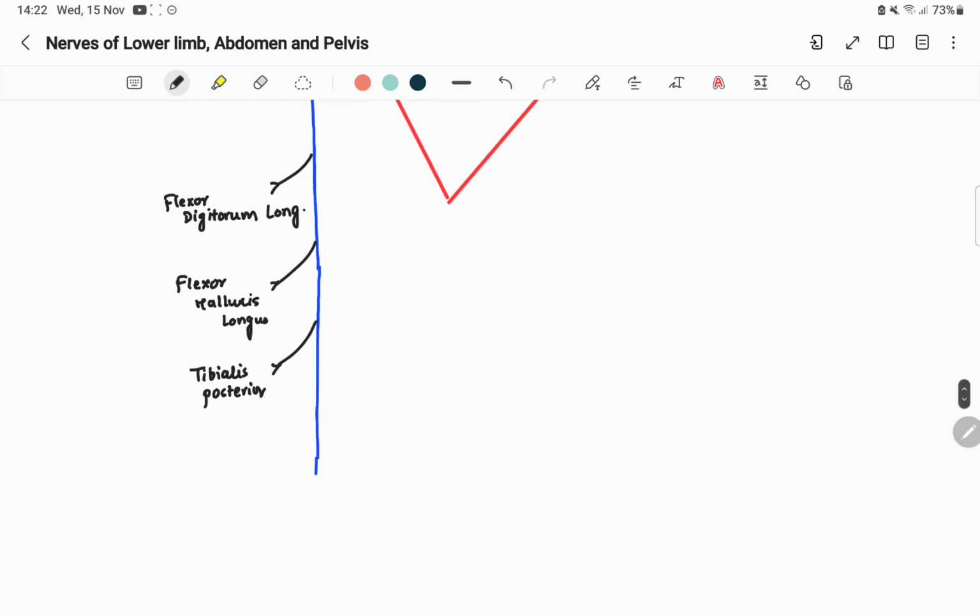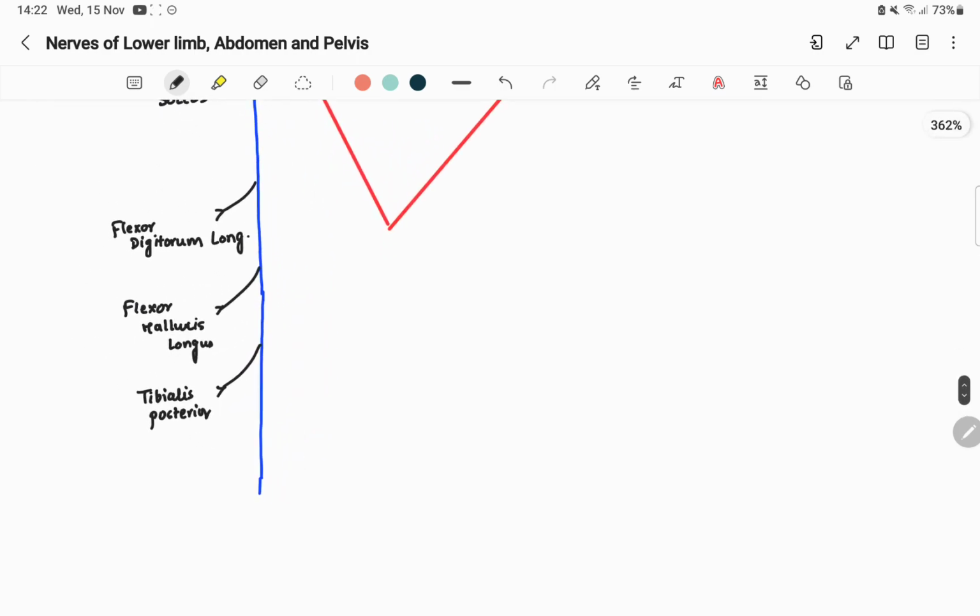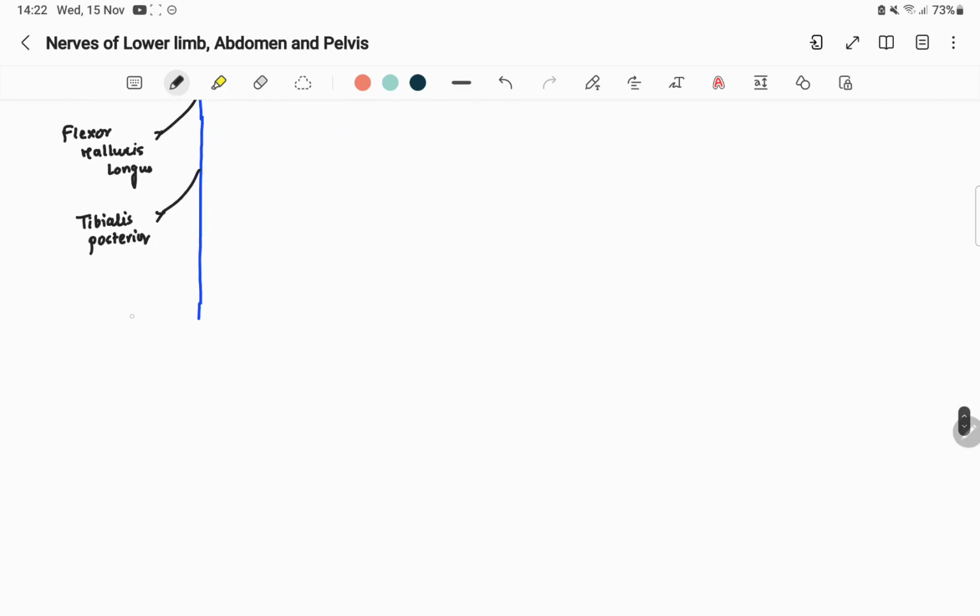I made a mistake by saying the anterior compartment; it supplies the posterior compartment, because the posterior compartment is the flexor compartment in the case of the leg muscles.